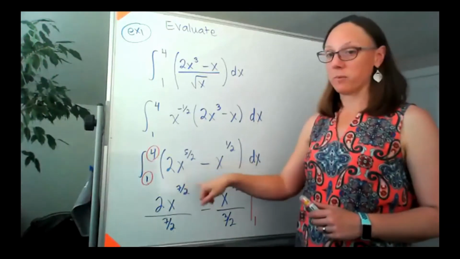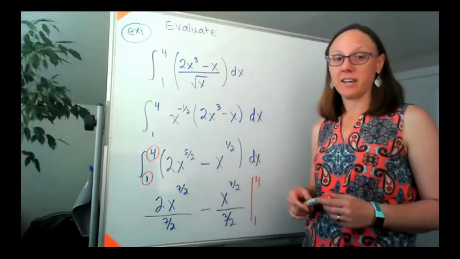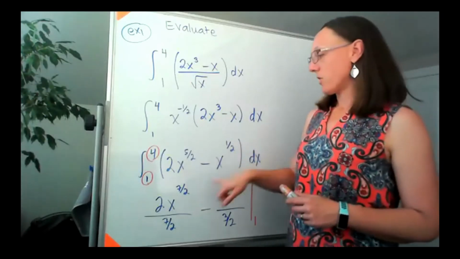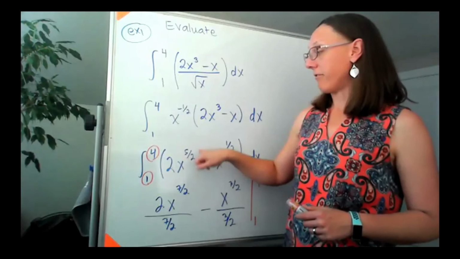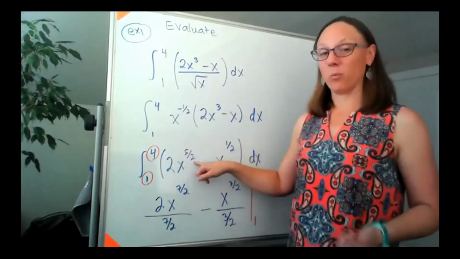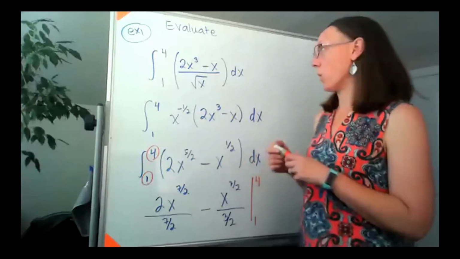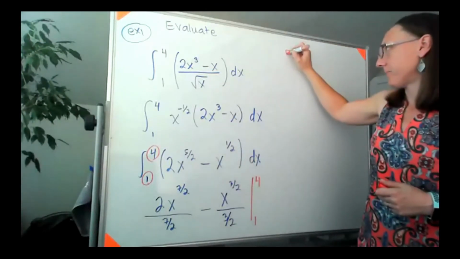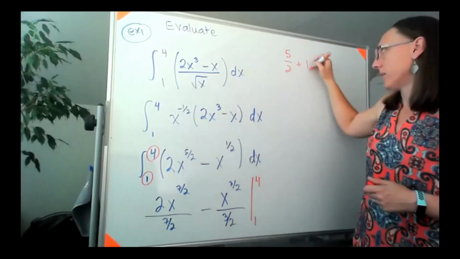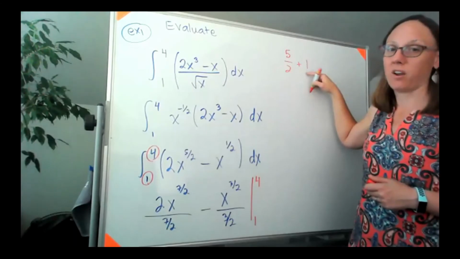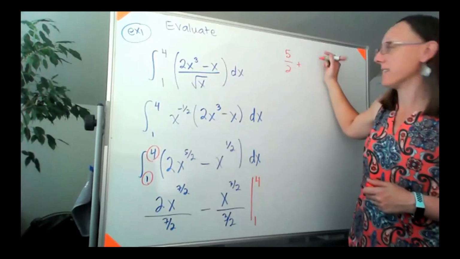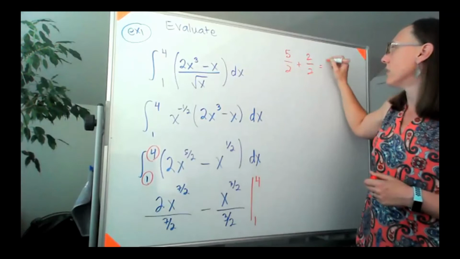Oh, and there's a question about the 7/2 exponent. So if I'm at 5/2 and I add 1 to the exponent, 5/2 plus 1, I'm really thinking about that 1 not as a 1, but really as a 2/2.